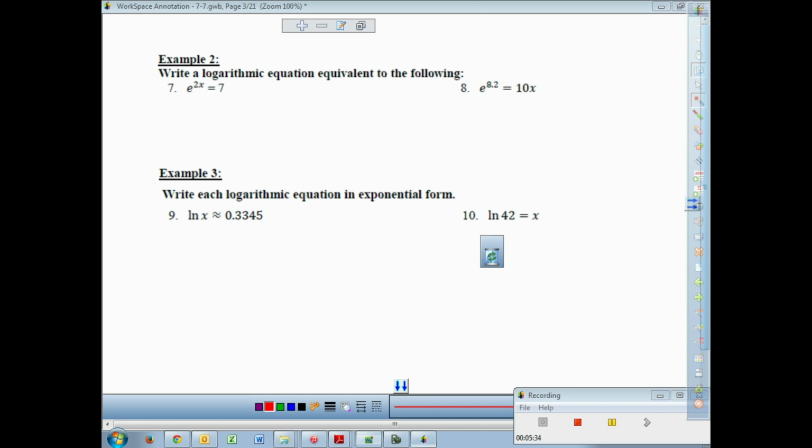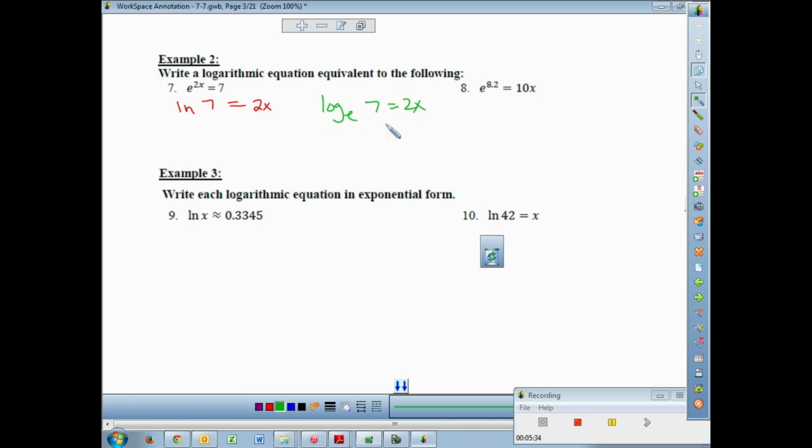So the natural log of the argument, what's the argument? 7 equals the exponent, which is 2x. And notice you don't want to put the base right there. It's understood that e is the base when you use natural log, so don't have it, right? If you had to write it the other way, it has to be this.